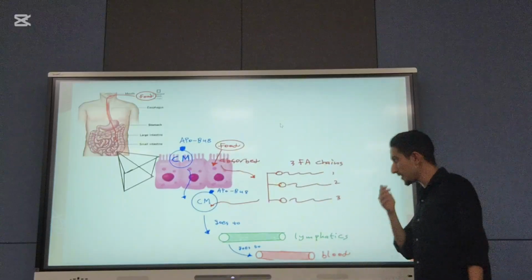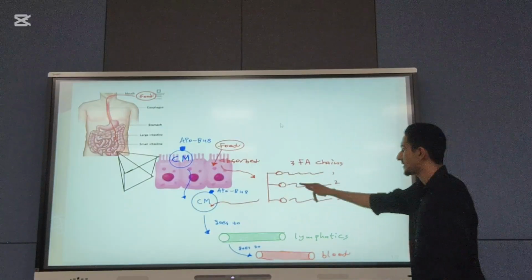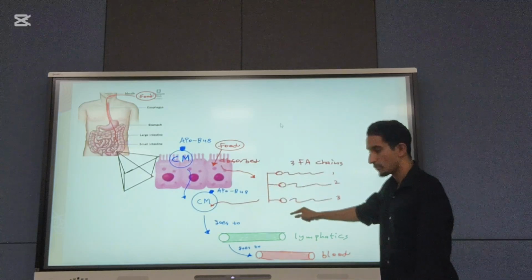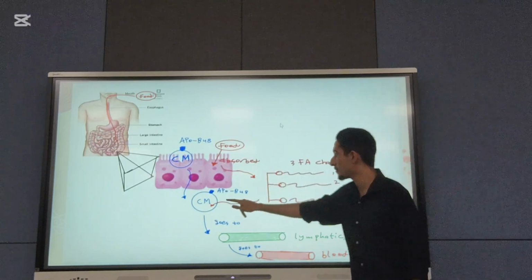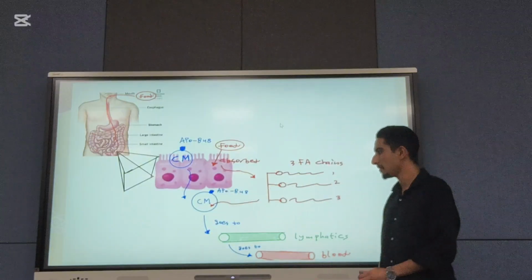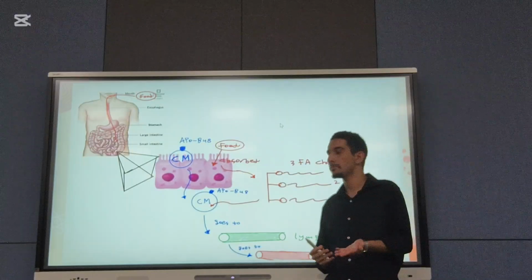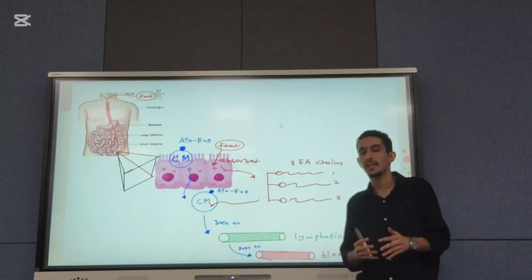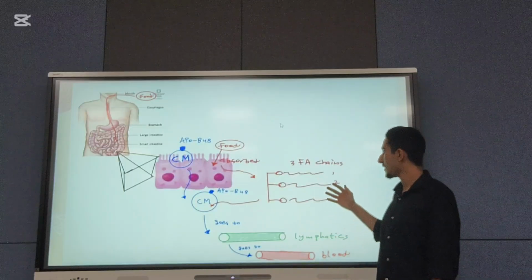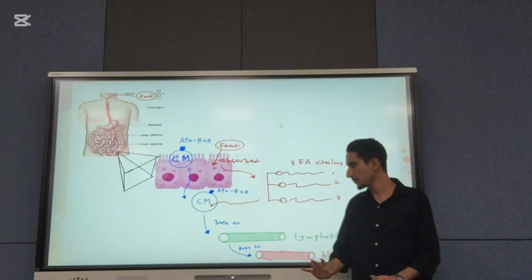What is a triglyceride? Here's the structure of it, and we have 3 fatty acid chains. This will be uptaken by the immature chylomicron. So now we have the chylomicron with the apo B48, which means it is still immature, and it uptakes the triglyceride into it.